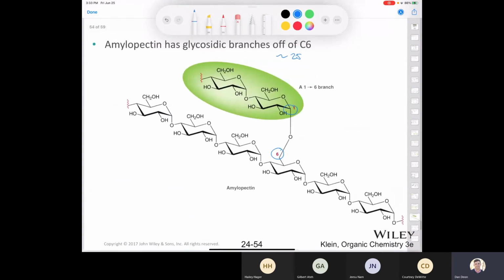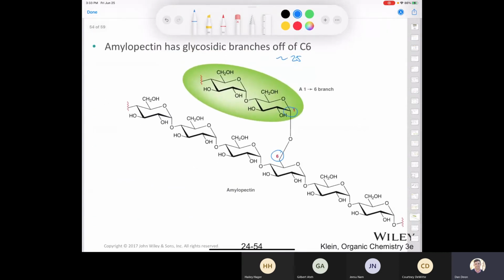And the difference between amylopectin and glycogen is that glycogen is the energy reserve for animals, and it's more highly branched. So I'll just write it down here. Glycogen is the same structure as amylopectin, except for the branching. So in amylopectin, we'll put branches every about 25 units.